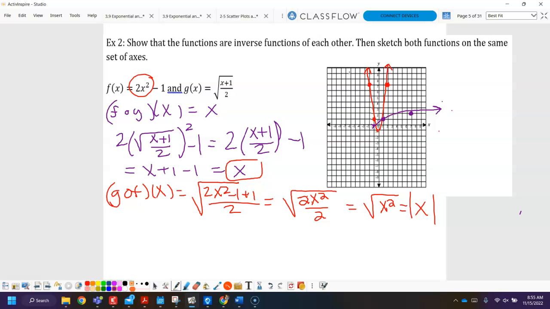So what could I do to f of x to make that inverse a function? I could restrict its domain. So would I want the positive half or the negative half?